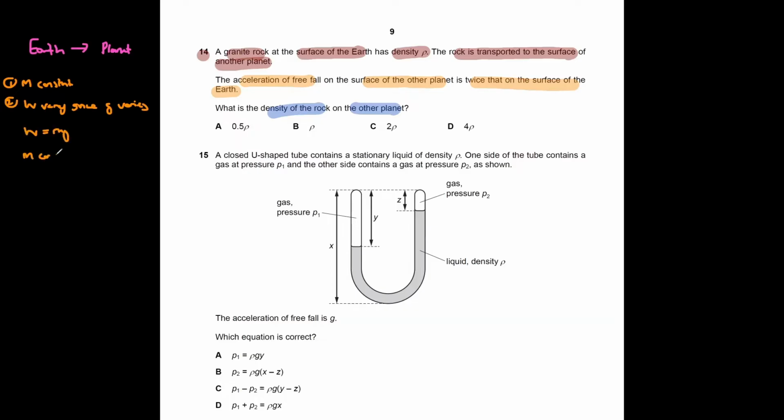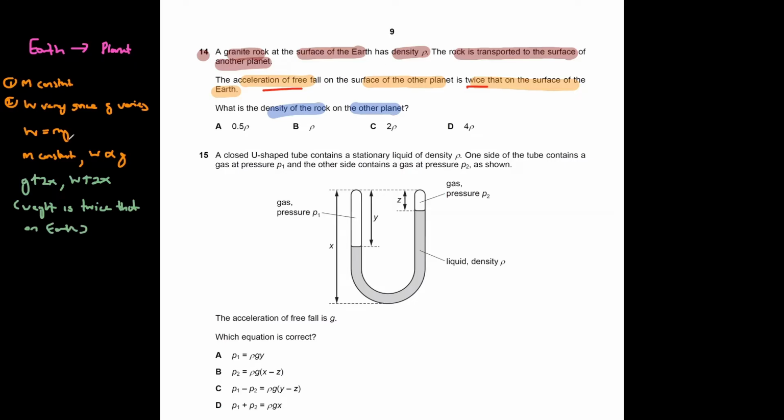So if mass is constant, that would mean that W is directly proportional to g. They told you the acceleration of free fall is twice that on the surface of Earth. So on that new planet, if we know that g is 2 times more, the weight must be 2 times more. So weight is twice that on Earth. Okay, that's what we can infer here.